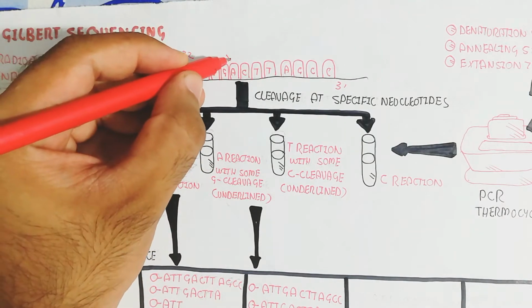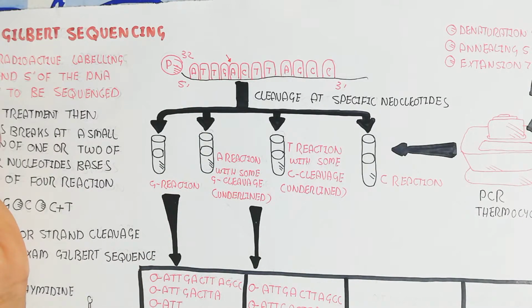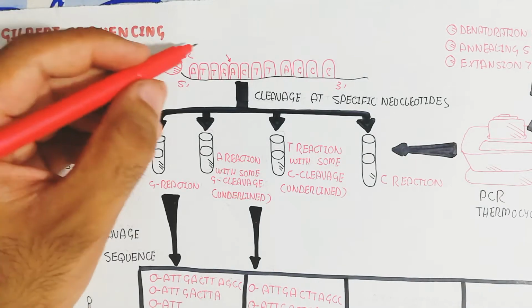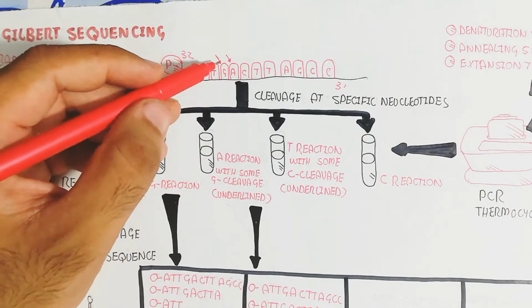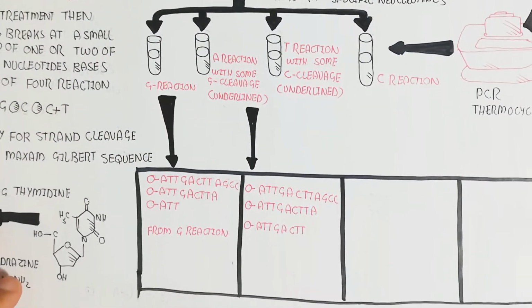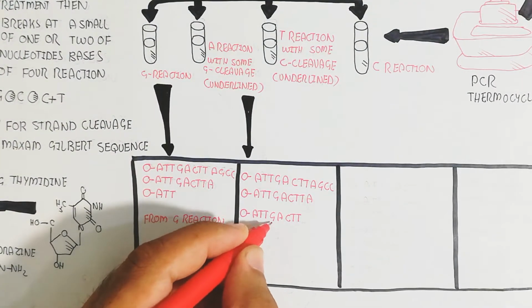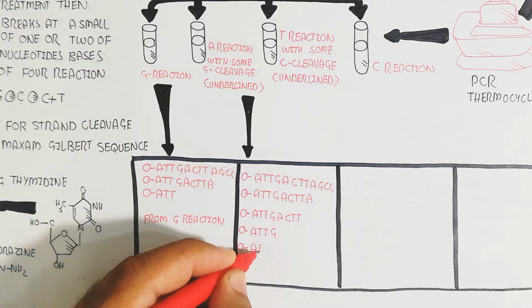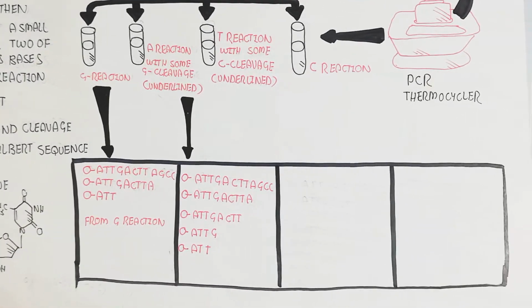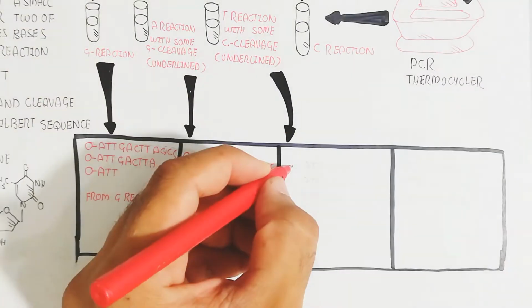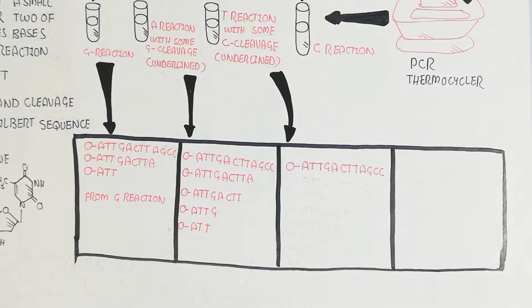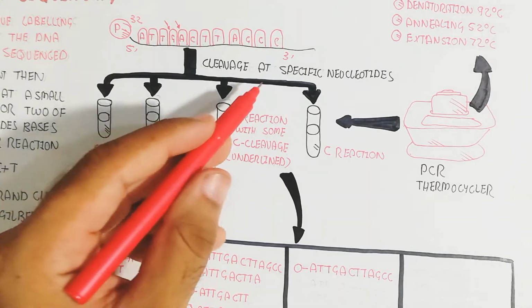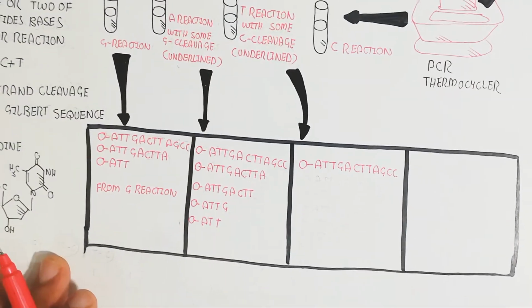Here, for example, is the A reaction, the A cleavage. In this way the segments will be separated, and each segment is attached to the radioactive labeling group. I am underlining the G cleavage sites for understanding. So here you can see.